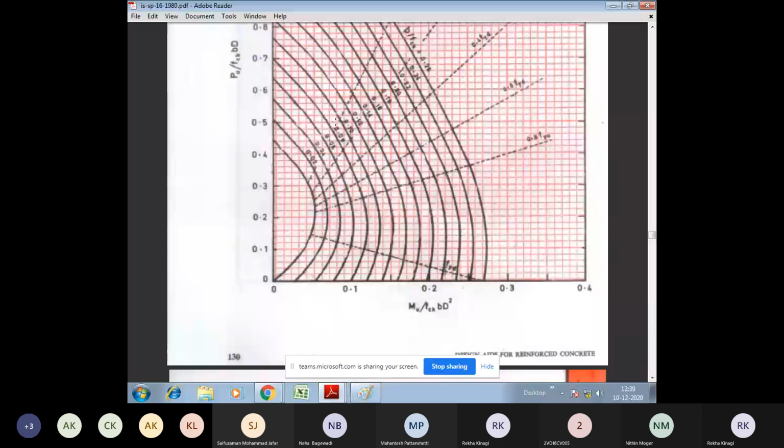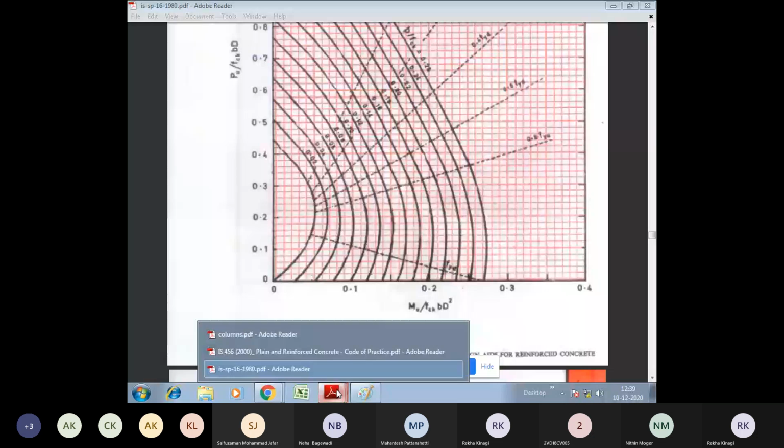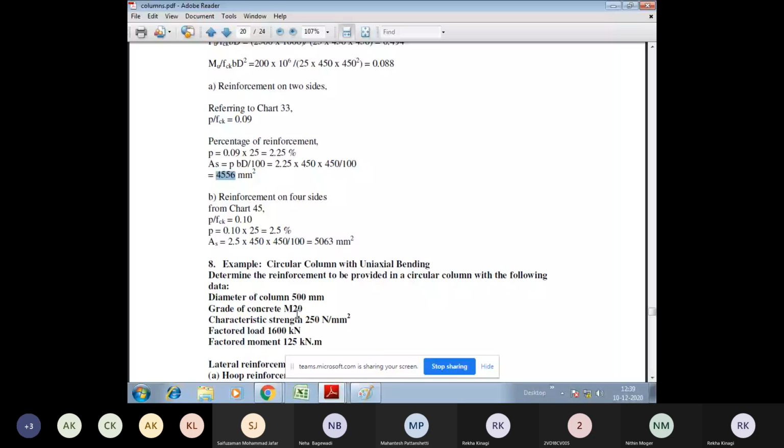So the value lies between 0.08 and 0.1, very near to 0.1. So P by FCK value is 0.1. Even you can take it as 0.095, but it is very near, so we are considering it as 0.1. So percentage of steel is equal to 0.1 into 25, so that is 2.5%.